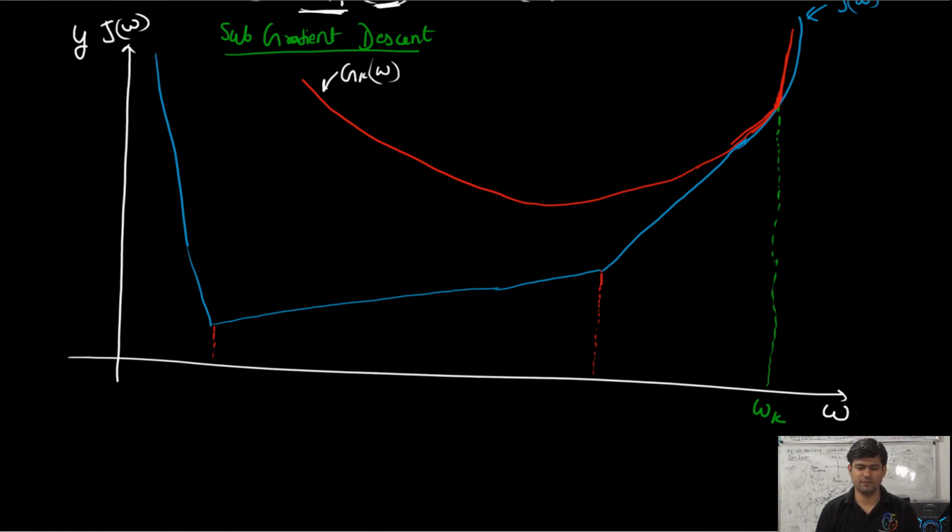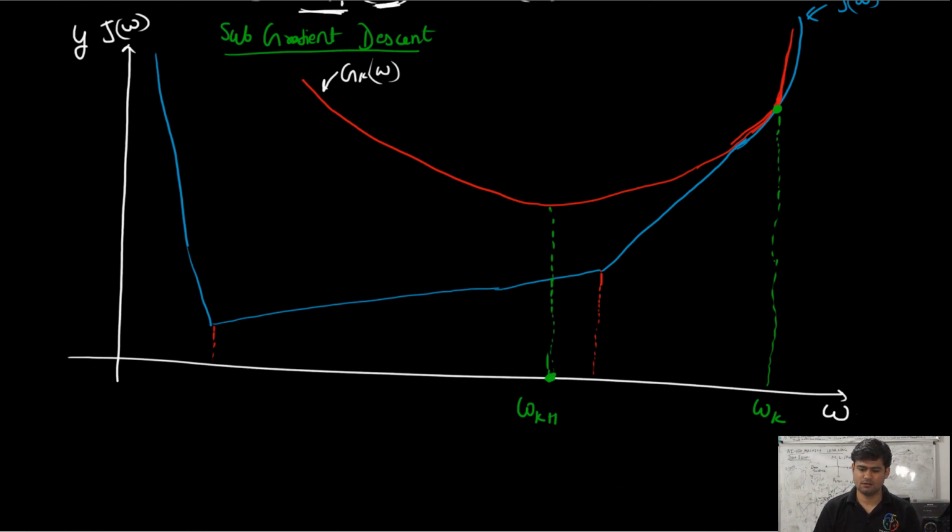So now we will minimize this loss function gk, and we can see that the minimum point is somewhere over here. This point will be wk plus 1. So by minimizing this loss function gk, in just one iteration, we jump from this point directly to this point.